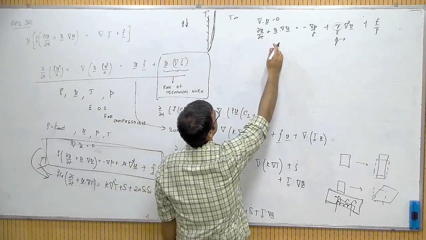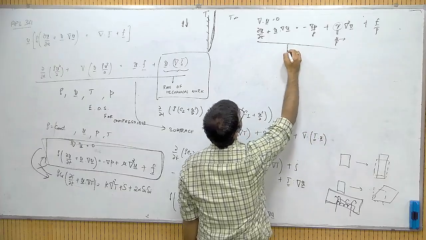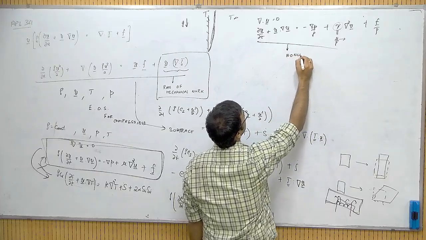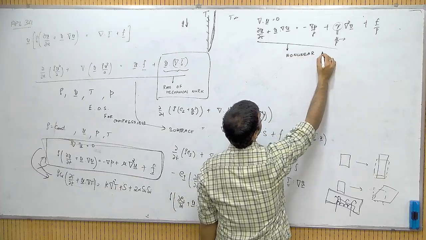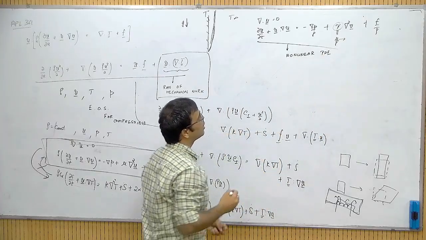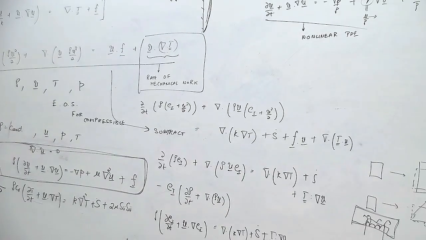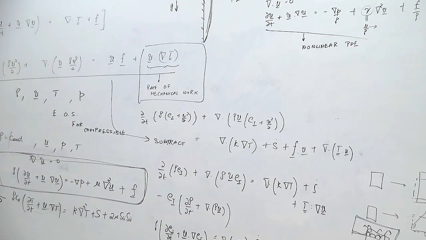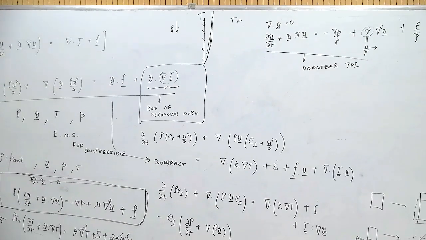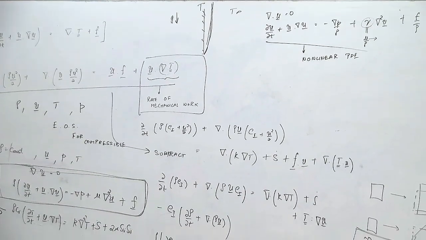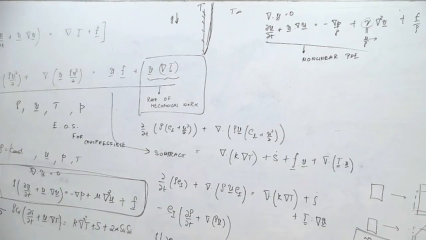So the second equation is a non-linear PDE. How do we know some equation is a non-linear equation? By inspection, you see that there is a product of two terms which consist of the unknowns.